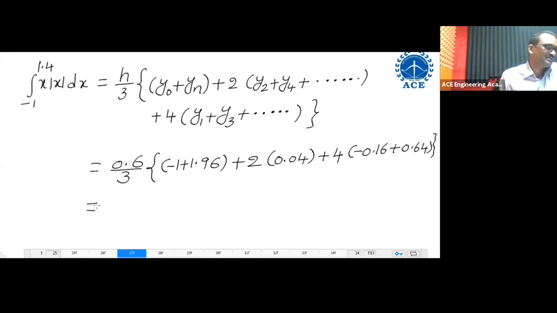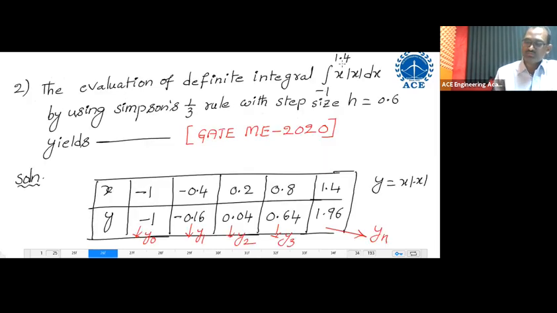Simplify that. The answer is 0.592. By mistake, I had given the interval as minus 1 to 1.4. Now verify, 0.592.